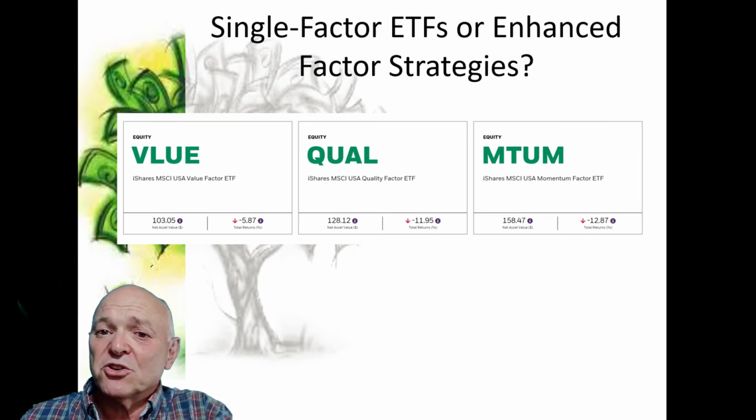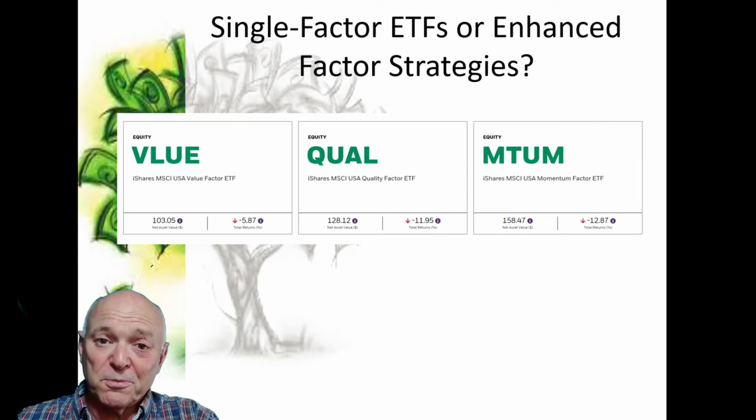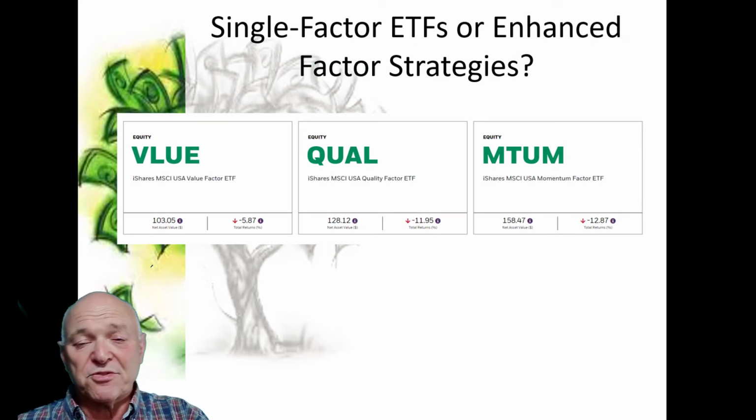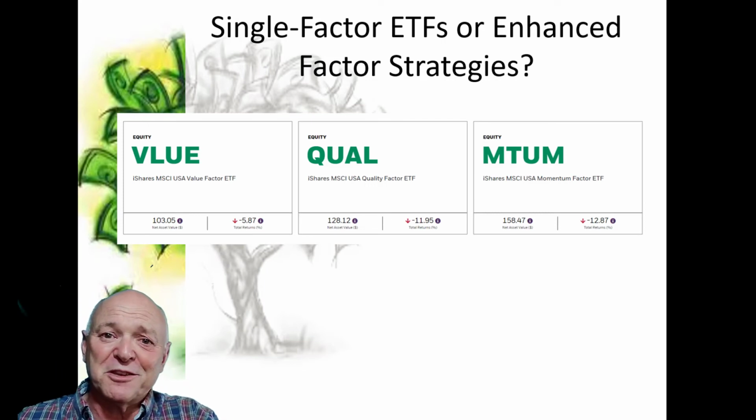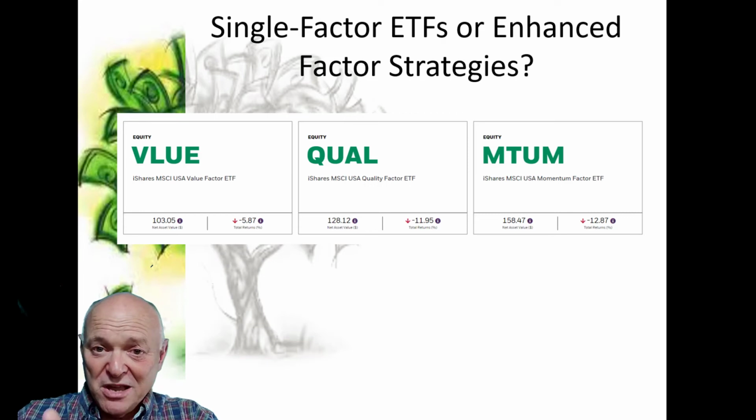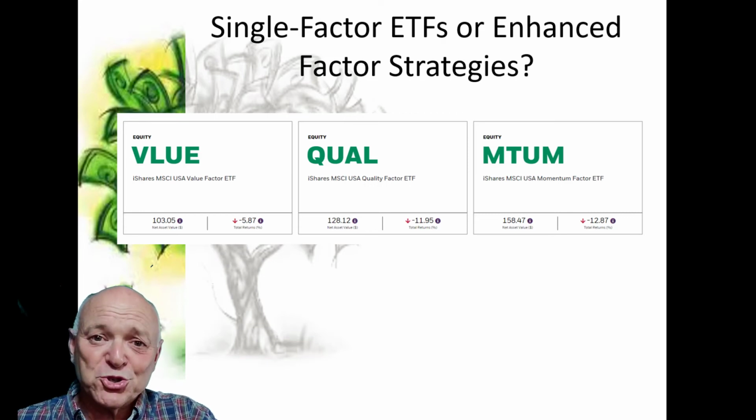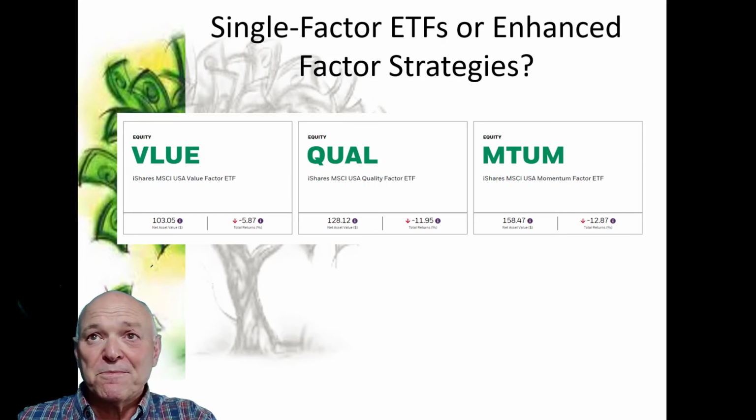And you'll see that certain ETFs have been set up to follow these particular strategies. For example, value or quality or momentum might be the main themes for these ETFs. So if you want to have a factor approach that is based on momentum, you can buy one of these momentum ETFs, MTUM.